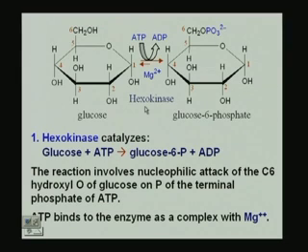Hexo means it is going to act on a 6-membered sugar ring. It is a kinase because it helps in the transfer of the phosphate, and the ATP binds to the enzyme as a complex with magnesium. Now, why would we have magnesium there? ATP has a large number of negative groups. There are 3 phosphates one after the other.